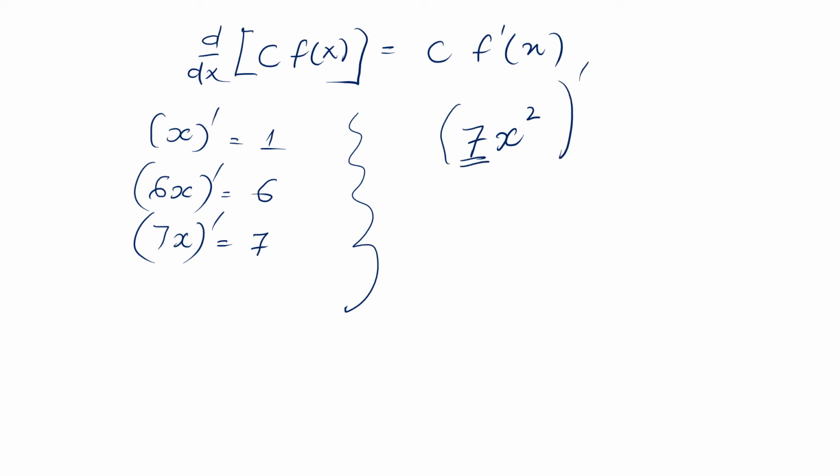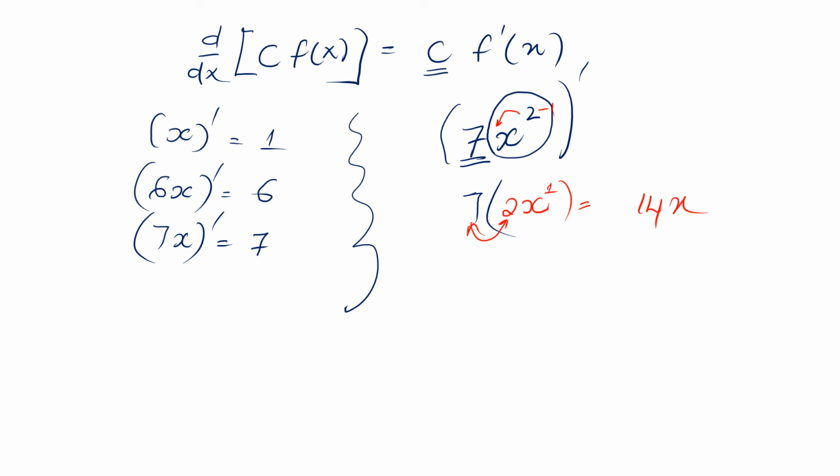It means the c is the 7 as it is, because it is a constant, and take the derivative of x square by using the power rule. It means bring the 2 in the shoulder, write the x, and from the power minus 1, so you will get 2x. Now 7 times 2, you will get 14x.